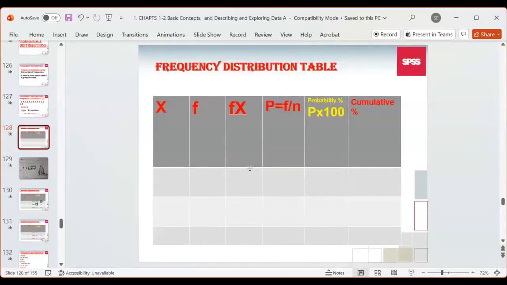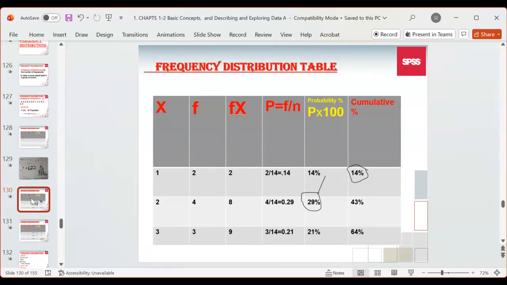So again, back to this frequency distribution. In order to calculate the proportion, frequency, which for 2 was 4, is divided by n, which is the total number of scores, 14. So 2 divided by 14 is 0.14. That would be the proportion for 1, sorry. For 2 it will be 4 divided by 14.